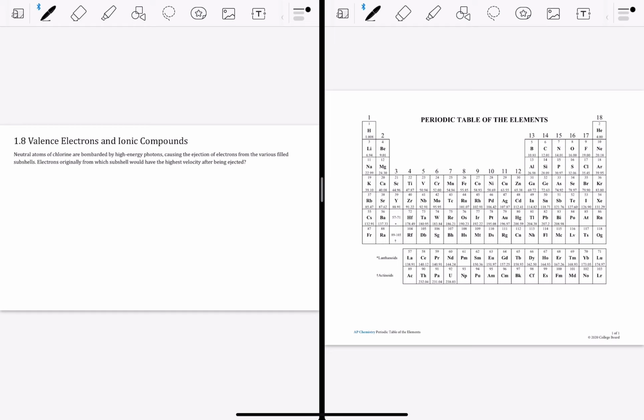So, before we go into this problem, let's look at the chlorine. So chlorine is right over here.